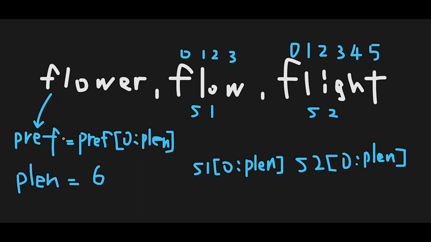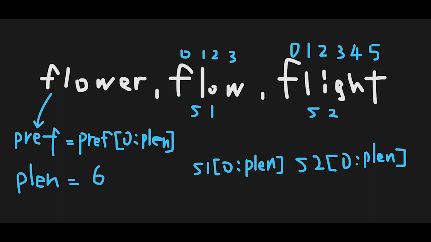So I initialize prefix with the first string because actually we can pick any of them, but in my opinion, initializing with the first string is the easiest way to solve this question. And plen is the length of the prefix, so in that case 6, 1, 2, 3, 4, 5, 6. And these numbers are the index of each character. So yeah, I think it's easy to understand.